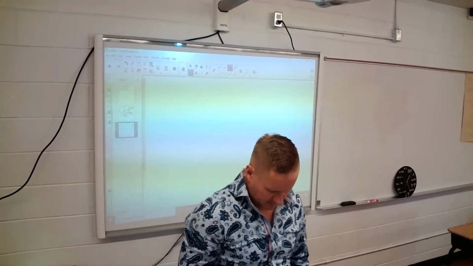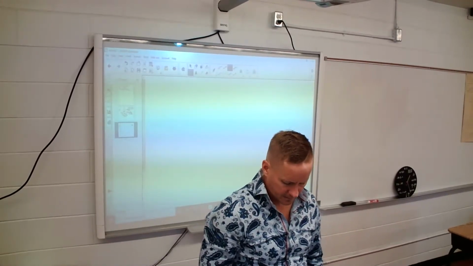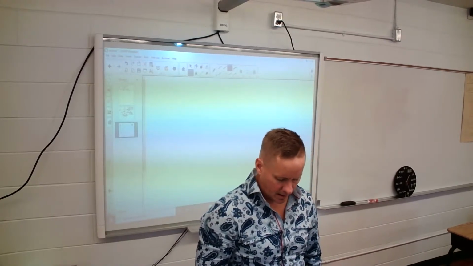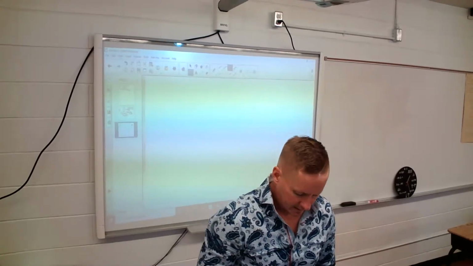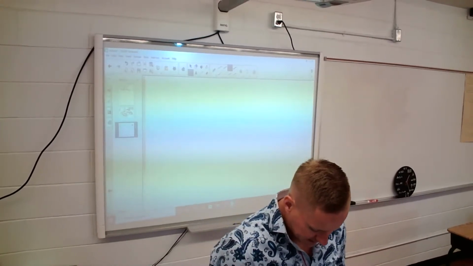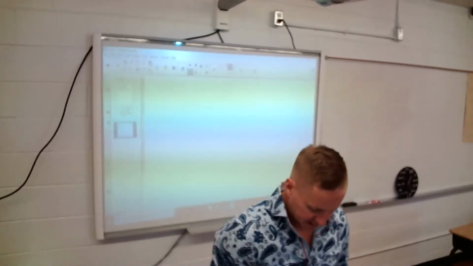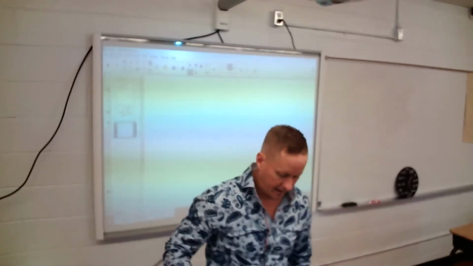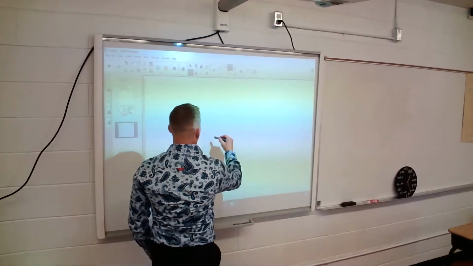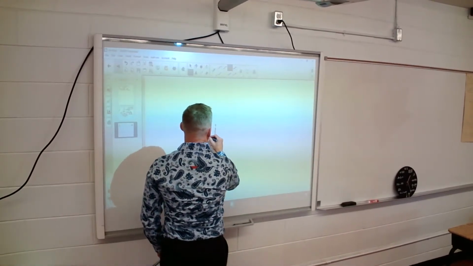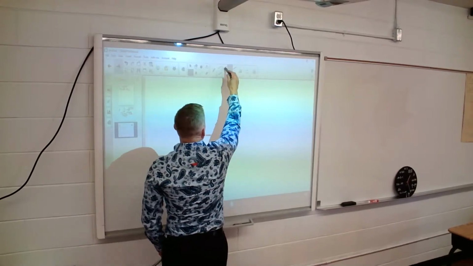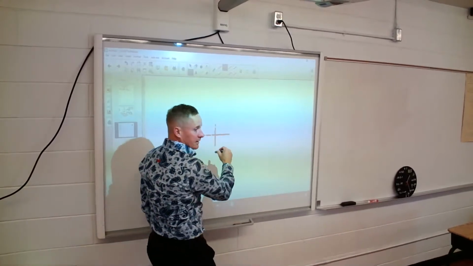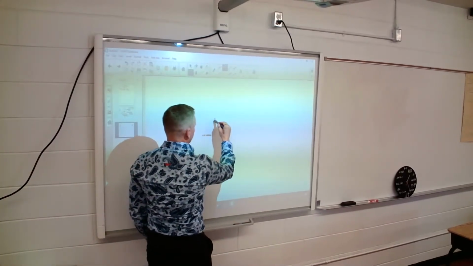Gail works as an aerial photographer. On one trip, she takes off from the airport and flies 52 kilometers on a bearing north 50 degrees east. Then she turns and flies southwest for 38 kilometers until she is due east of the airport. Sketch a diagram of Gail's flight. All right, so north 50 degrees east. North means it's going this way, correct?